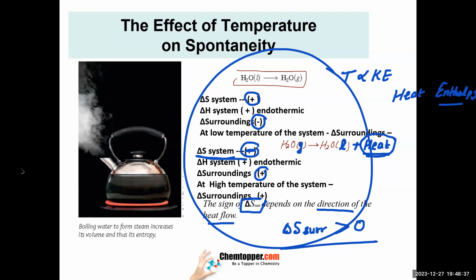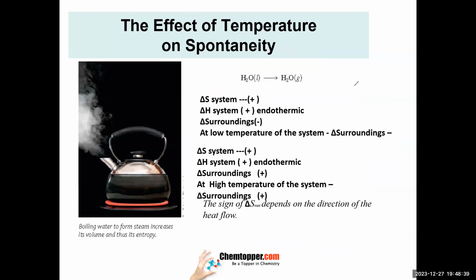Understand this equation now. I'm writing the equation. Delta S surroundings is minus delta H system over temperature. That's the equation. Because you see that here, okay, there is correction needed here.